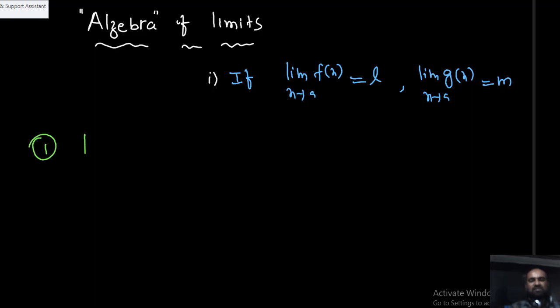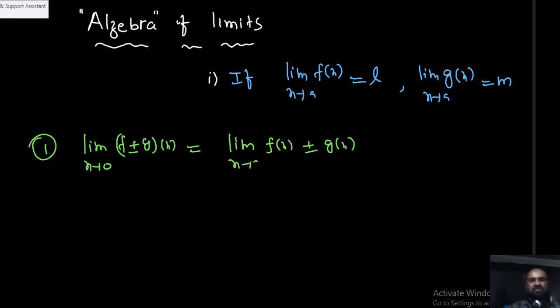First result: the limit of f plus or minus g of x as x tends to a is the same as the limit of f of x plus or minus g of x, which is the same as the limit of f of x plus or minus the limit of g of x, which is nothing but L plus or minus m. This is the first algebra of limit.